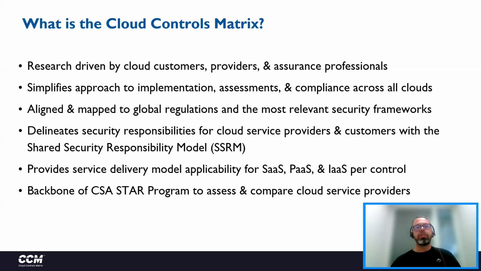The Security Trust Assurance and Risk Program, also known as the CSA STAR, provides a publicly accessible, documented registry of the security and privacy controls of cloud service offerings. This program is designed to encourage transparency between the CSPs, cloud service providers, and their customers, and at the foundation of this program is the CCM.